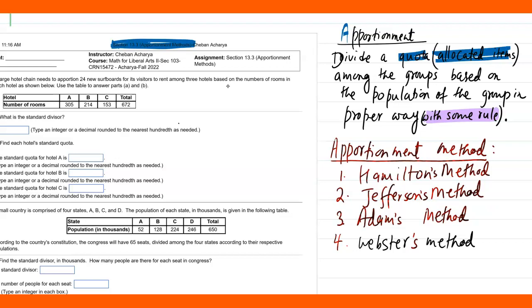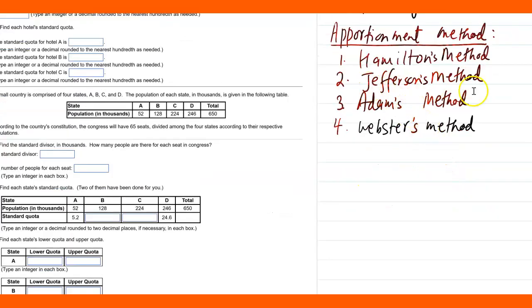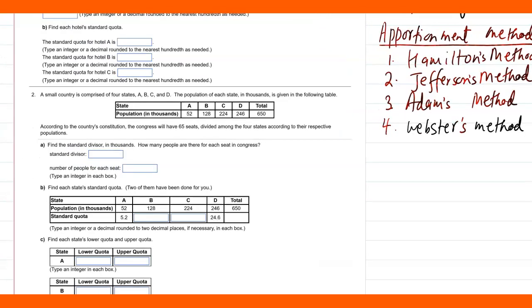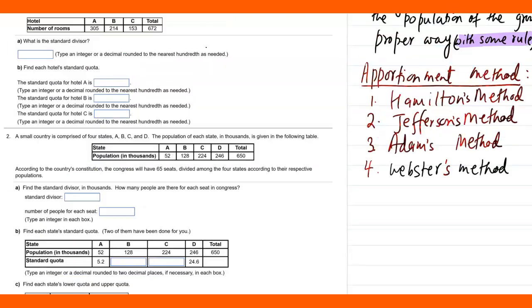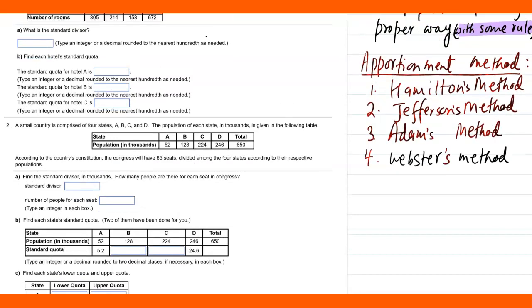In homework, the question tells you to use Hamilton method or Jefferson method or Adams method, and you have to use the method that the question asks. That's the apportionment definition, and the methods for apportionment are those 4.